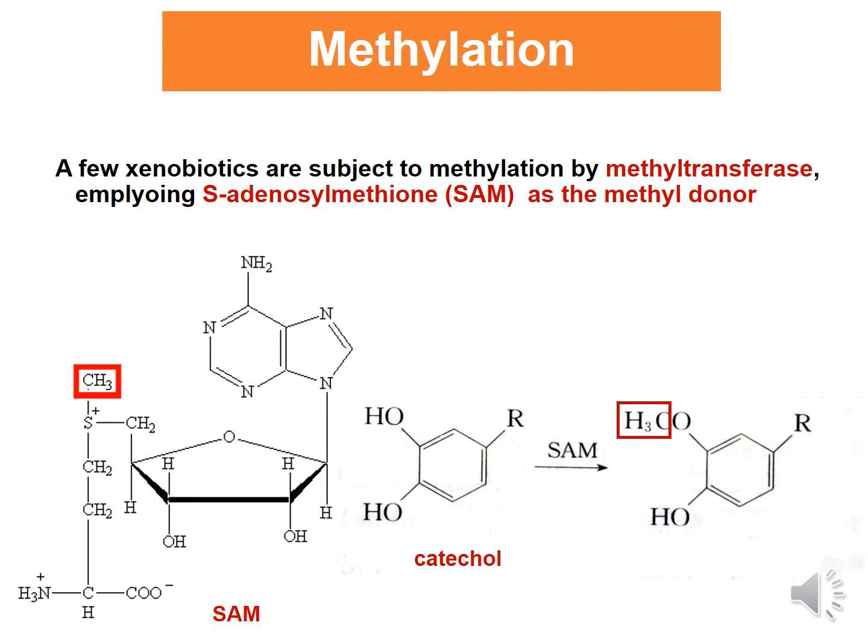The last type of conjugation reaction is methylation. Methylation is catalyzed by methyltransferase, and the donor of the methyl group is S-adenosyl methionine, which contains a methyl group.